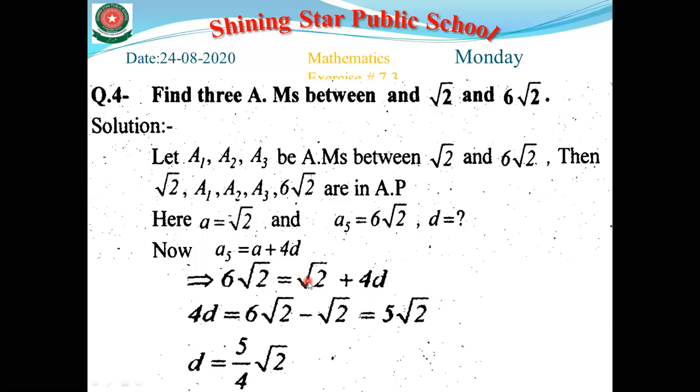When we take square root 2 to the left hand side, it becomes minus square root 2. Now 6 square root 2 minus square root 2 is equal to 5 square root 2. Now 4D is equal to 5 square root 2. And when we divide by 4 on the right hand side, it becomes 5 over 4 square root 2. Simple. So D is equal to 5 square root 2 over 4.